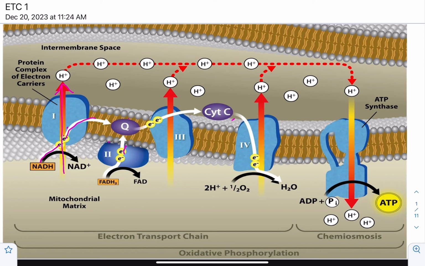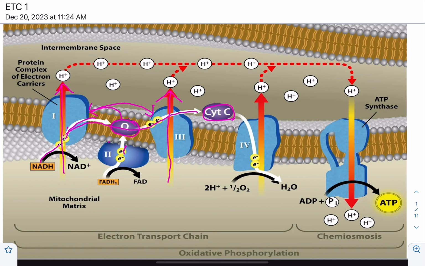Okay? And then ubiquinone, the energy carrier, goes to complex 1, picks up the electron. It's mobile, it moves. And then it travels to complex 3 and passes it to complex 3. So you see it's passing through, and as it passes through complex 3, it also energizes it to pump protons.